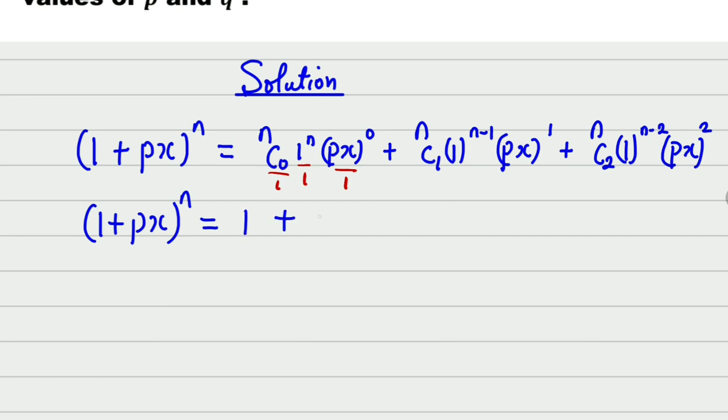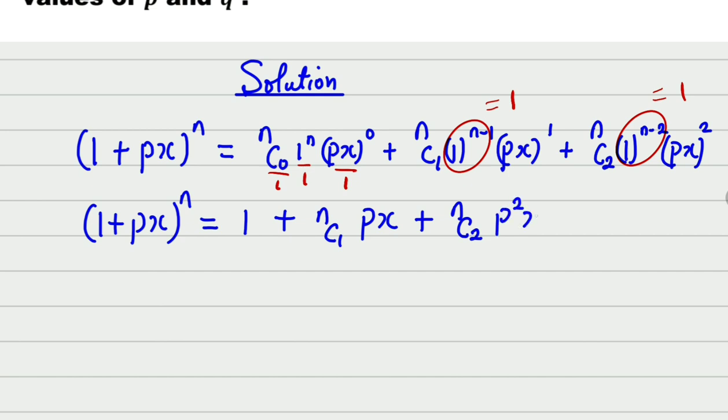Plus I have n combination 1. The whole of this is equal to 1, and the whole of this is still equal to 1. So this is going to be px, then plus n combination 2, then I have p squared and x squared.